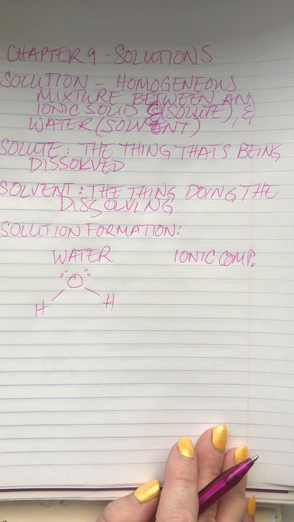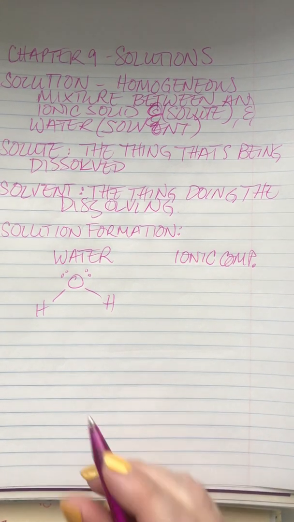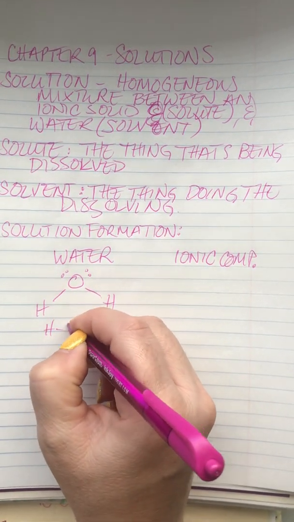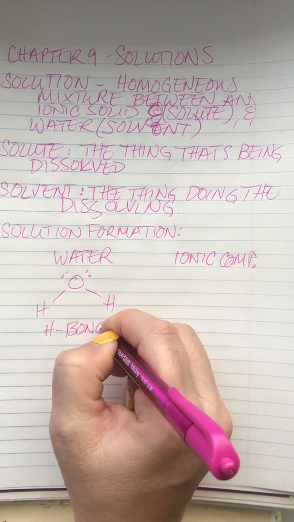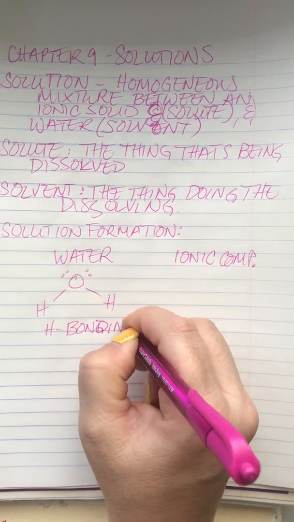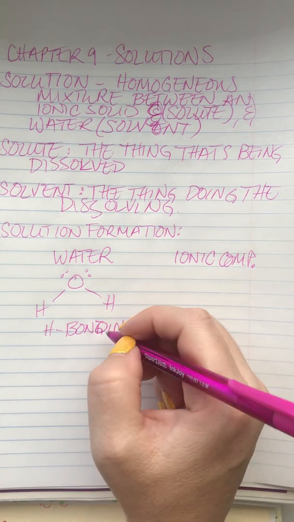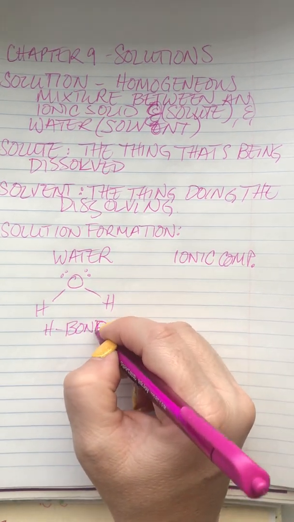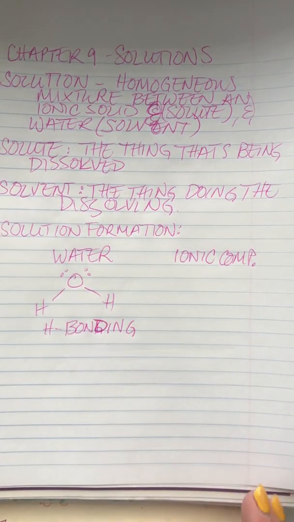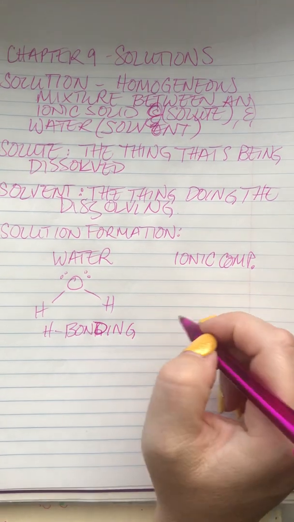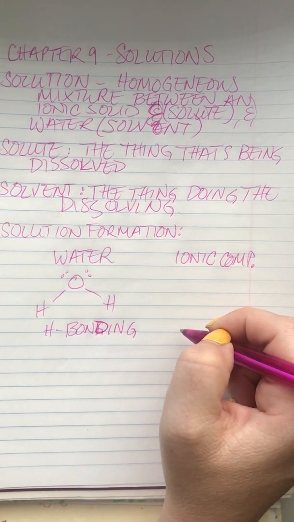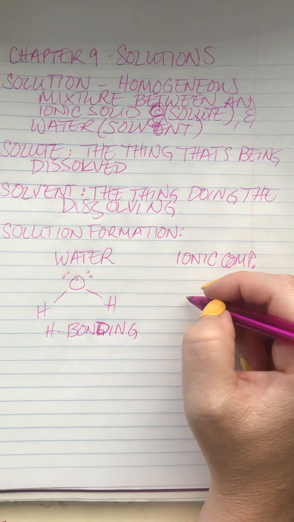Hydrogen bonding, exactly. So water has these H bonding networks. Oops, bonding. That's literally the second time that I've done that. I don't know if you guys caught that just now, but... and then an ionic compound.